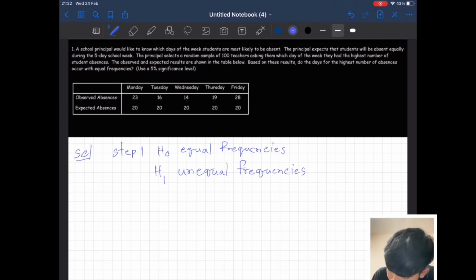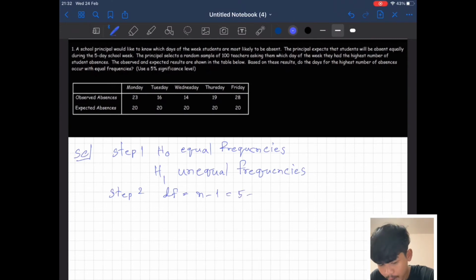Step 2: df equal n minus 1 equal 5 minus 1 equal 4.